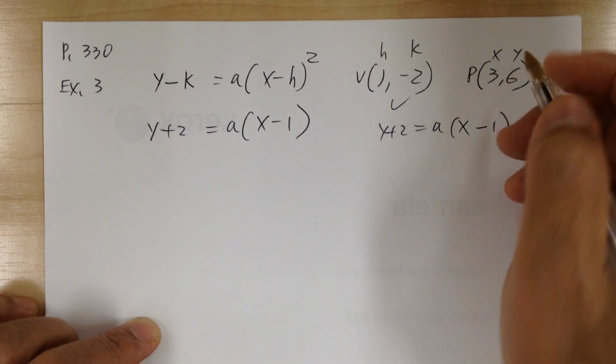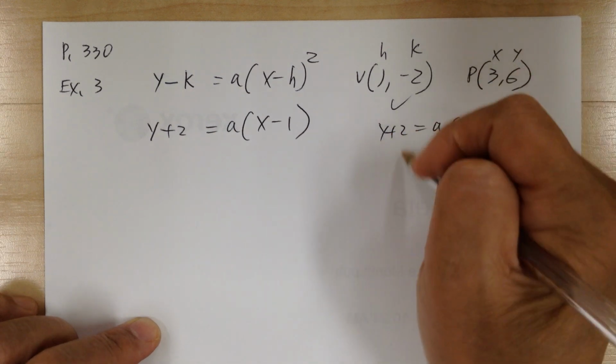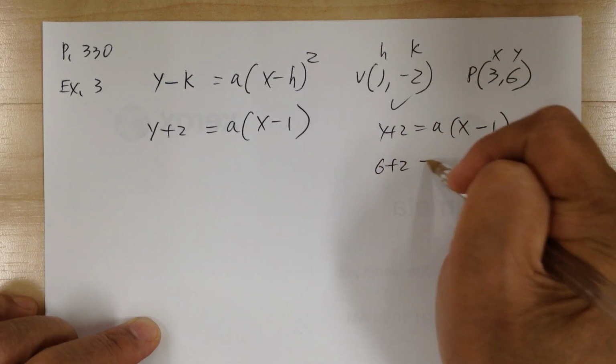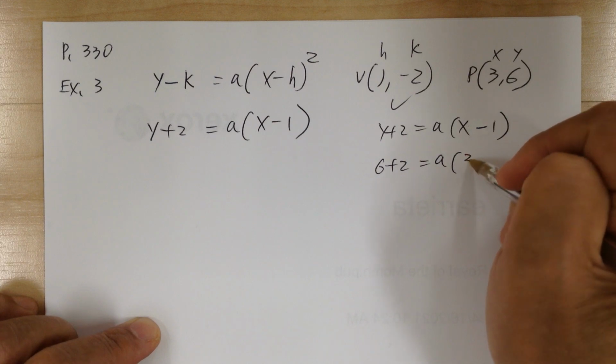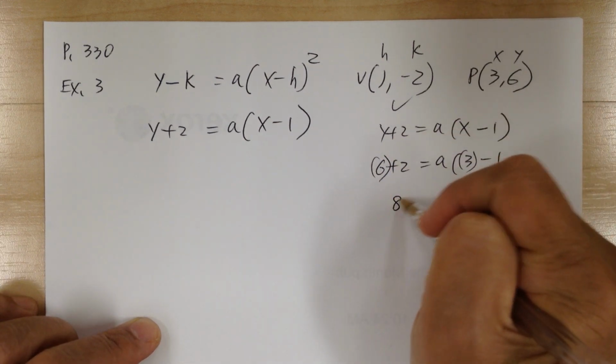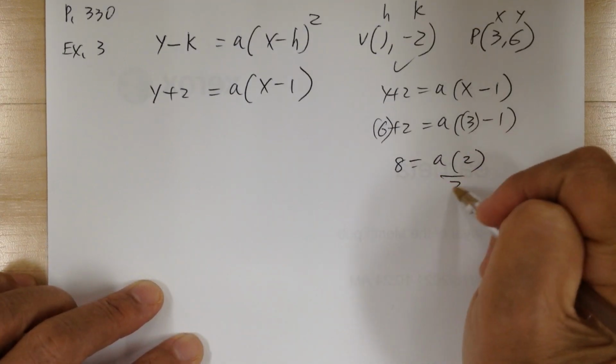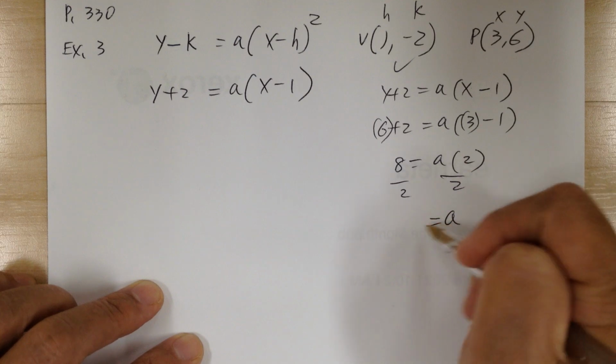So substitute: 6 plus 2 equal to a times 3 minus 1. So you got 8 equal to a times 2. Divide by 2, so a equal to 4.